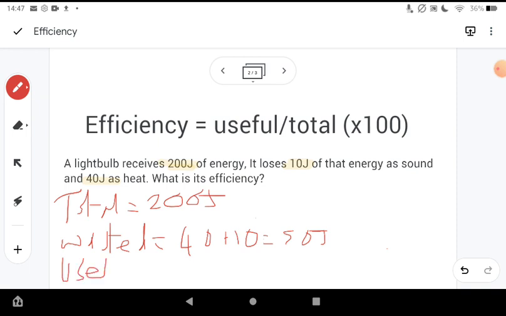Because the same amount of energy coming out is the same as the energy going in, adding together wasted and useful energy should equal 200. So in order to get my useful, I'm going to do 200 minus that 50 from the wasted, which gives me 150 joules.